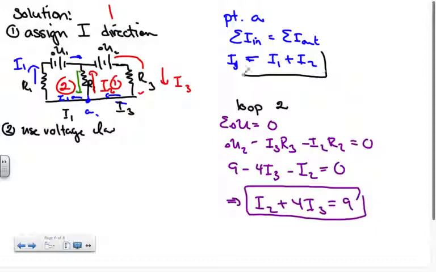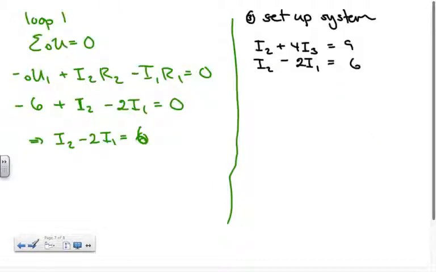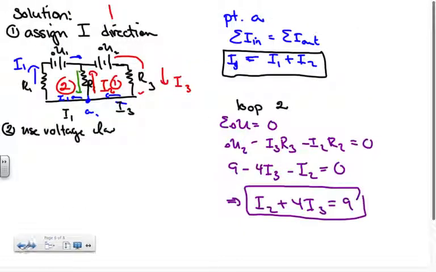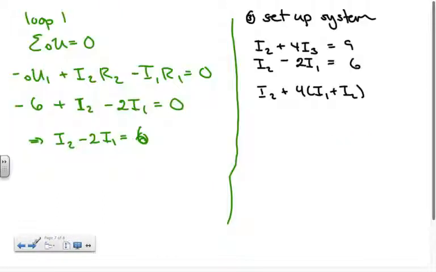So I3 is I1 plus I2. We're going to go back here and plug that into the equation. So I2 plus 4 times I1 plus I2. Make sure you're very careful when you're doing substitution. Make sure you keep your signs straight and don't screw that up, because it really does make a difference. And in this situation, it equals 9.